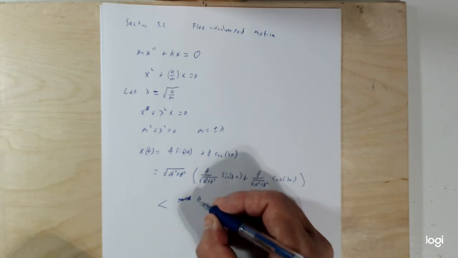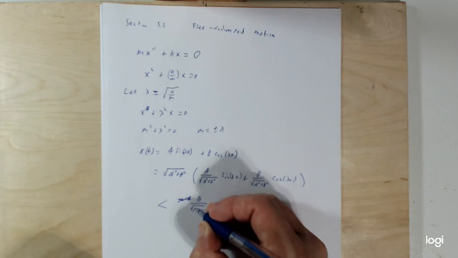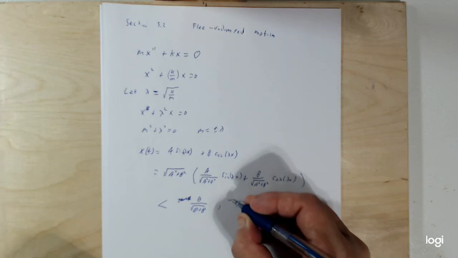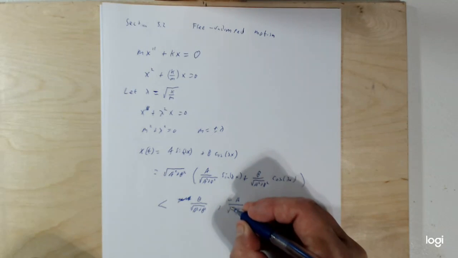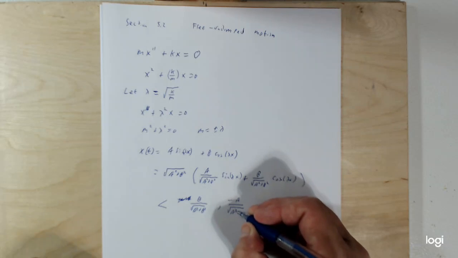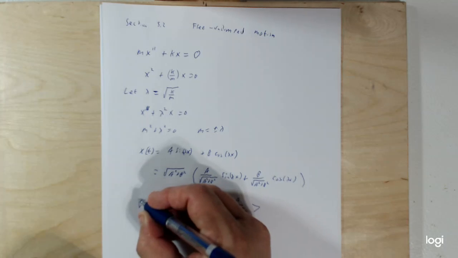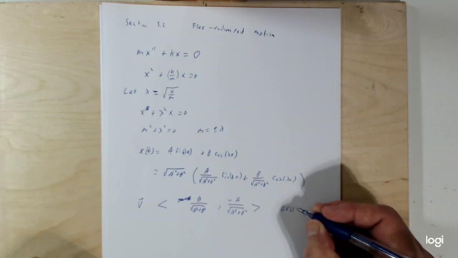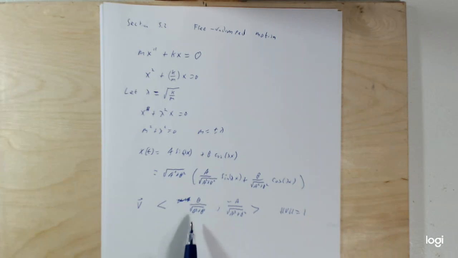We want to take the b over root a squared plus b squared, and then put opposite of a over square root of a squared plus b squared. So that's going to be our vector. We get the norm of V. Its distance is 1. In other words, this ordered pair lies on the unit circle.